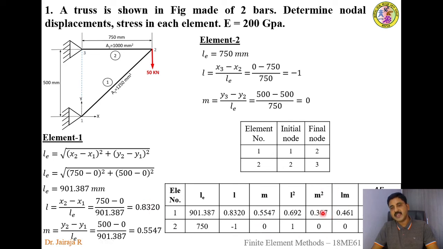If you write it in a table, it will be easy for constructing the elemental stiffness matrix as well as the global stiffness matrix. So the length of the element for element 1 is 901.387, and the direction cosines are given for element 1. Similarly, for element 2 it is also given, and the l square, m square, lm values and AE divided by the length of the element are given for element 1 as well as element 2.